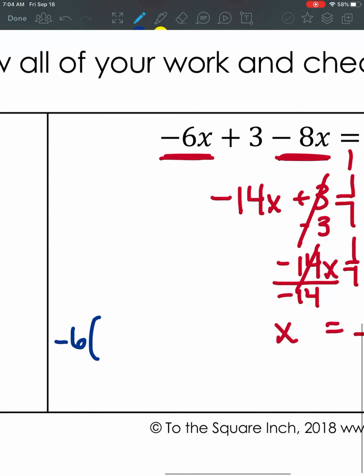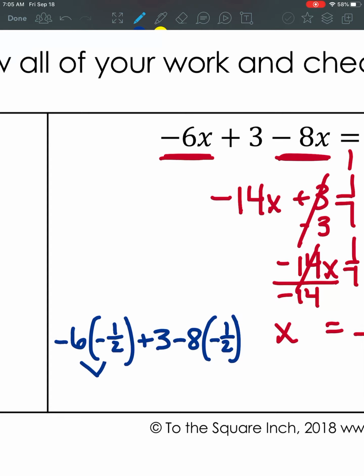Okay? And again, we could take the time, check our work. So negative 6x, so negative 6 times negative 1/2 plus 3 minus 8 times, again, our x was negative 1/2. So multiply first, negative times a negative is a positive, half of 6 is 3, plus 3.